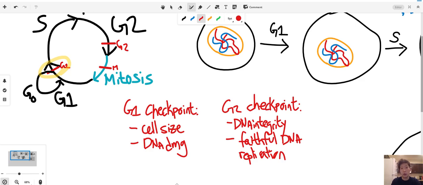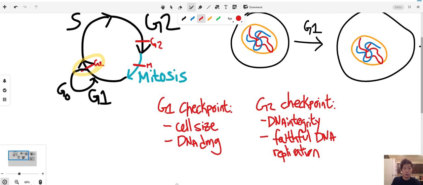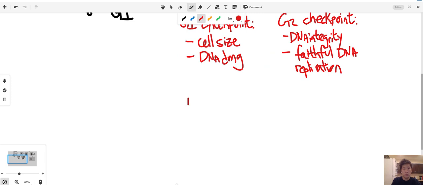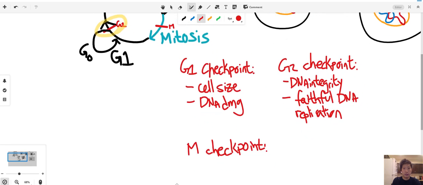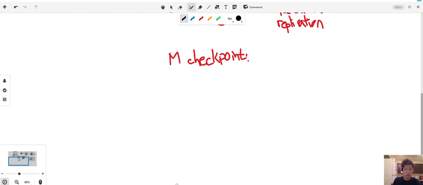So I'm not going to go through all of mitosis, but I do want to indicate what that M checkpoint is for. So there's an M checkpoint right here. My mitosis video will be separate from this, because otherwise this video would just be way too long. Okay, so the M checkpoint is the last checkpoint. And when a cell is going through mitosis, it'll have condensed chromosomes, okay?